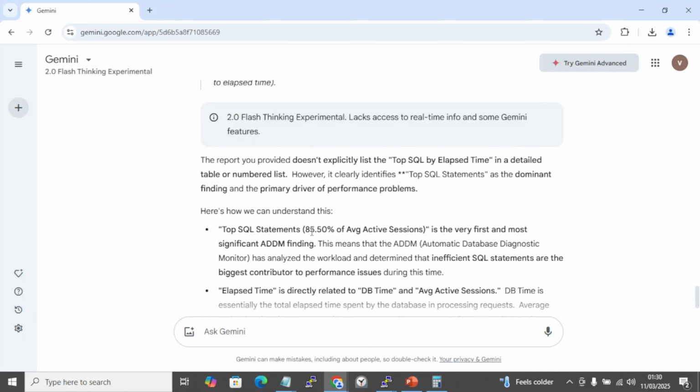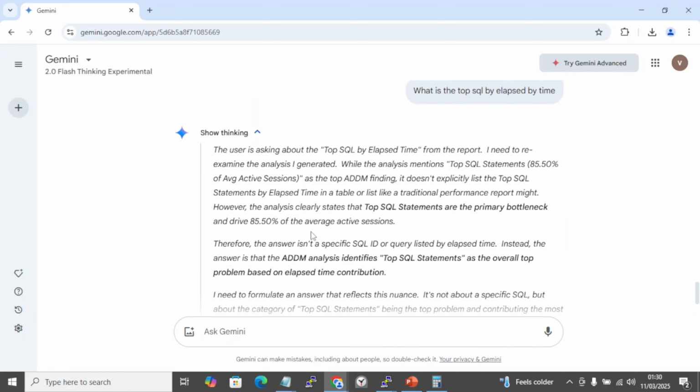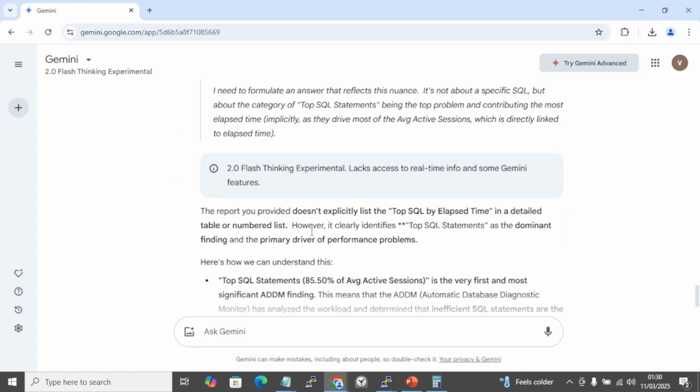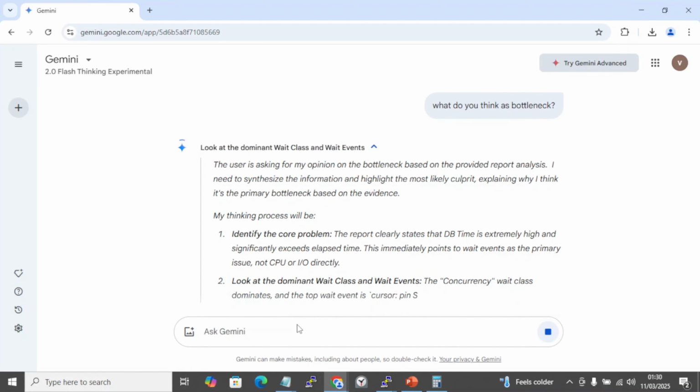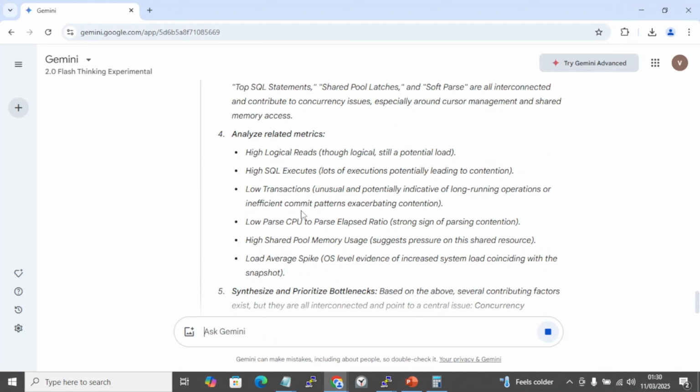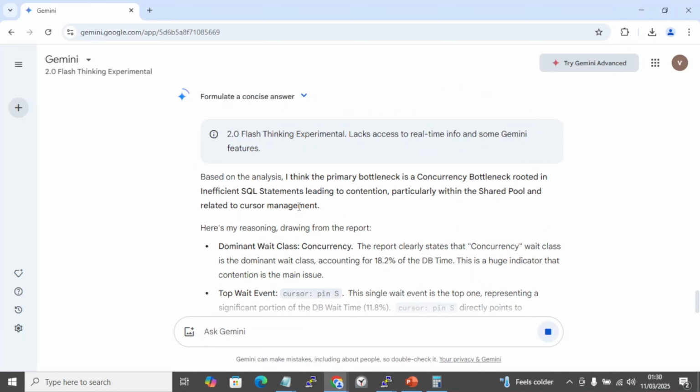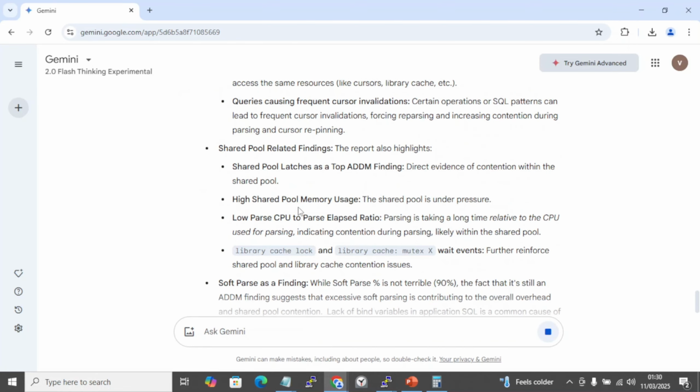No. I don't think it received the whole report. They did not receive all the report, I guess. So, what do you think is the bottleneck? Let it think and give me just the answer.